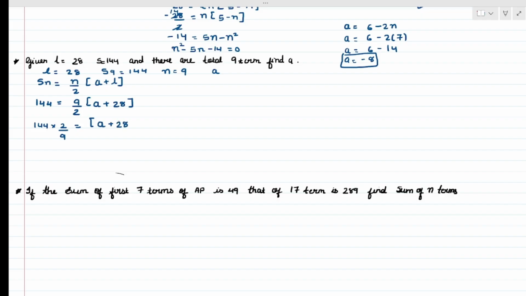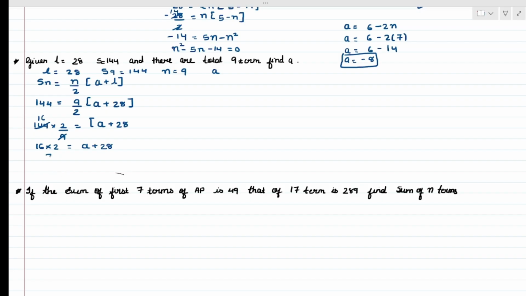So cut 144 divided by 9. 9 sixteens are 144. So we'll get 16 times 2 equals A plus 28. 16 times 2 is 32.